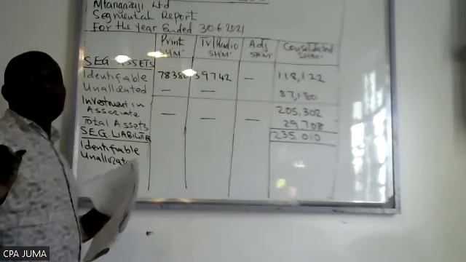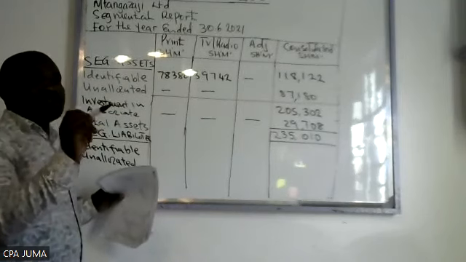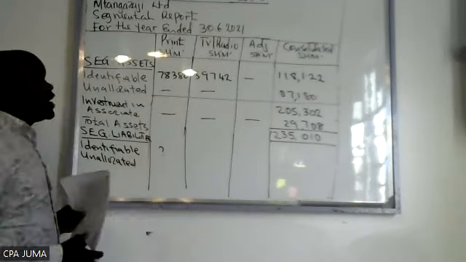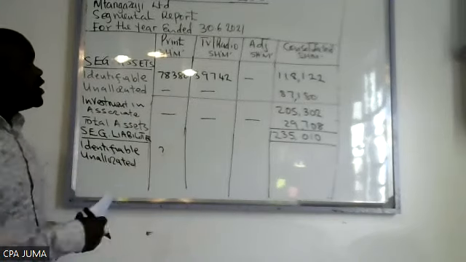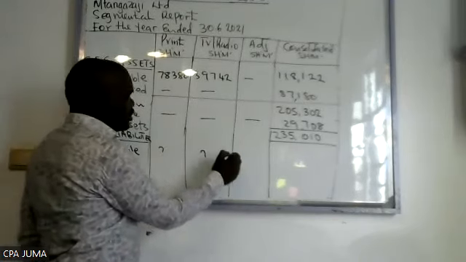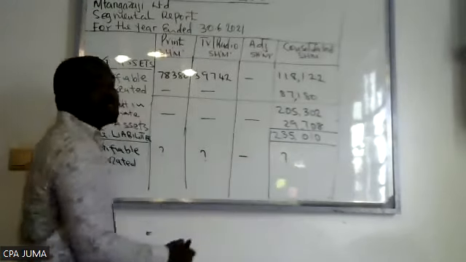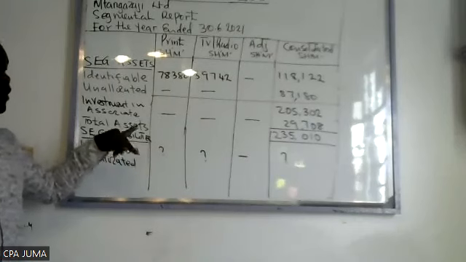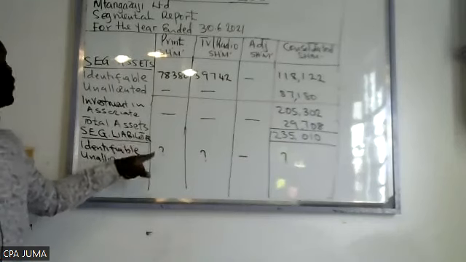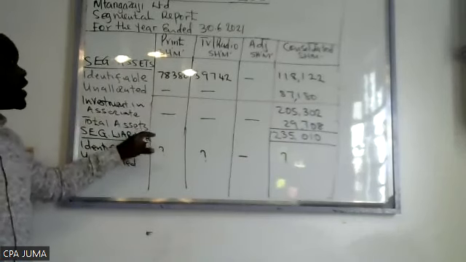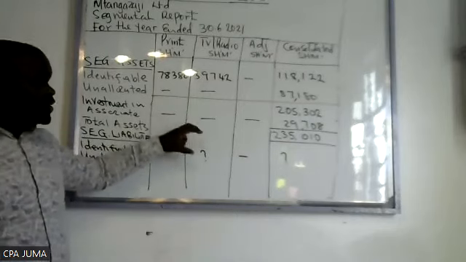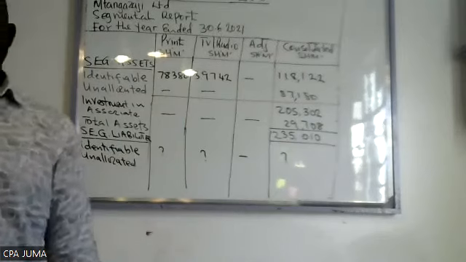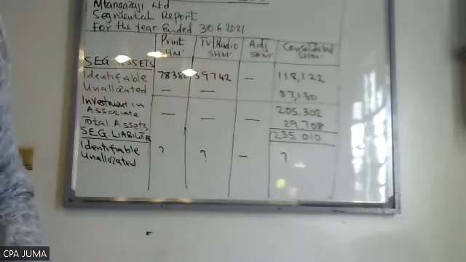Identifiable is current plus non-current. So can you give me the current plus non-current for print, for TV, then total. Let's finish with that one first. The way we did our assets, current and non-current for print, current and non-current for TV, then the total. Give me those three, then we check when allocated.